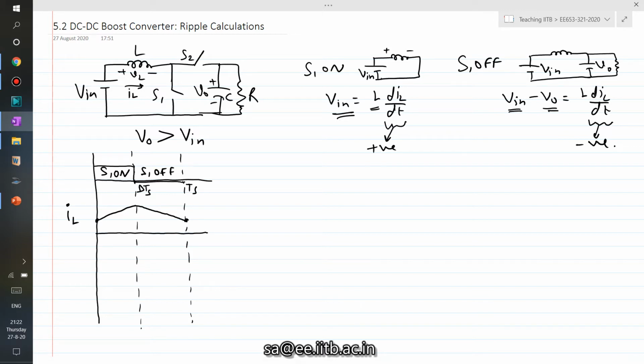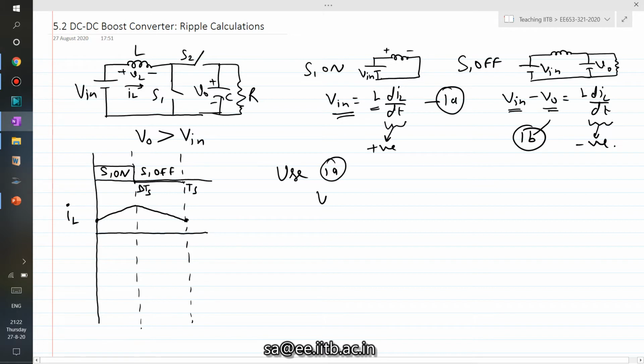Once we have drawn the inductor current waveform, we can go ahead and find the ripple component. Let me number these equations as 1a and the second one as 1b. Let's use equation 1a. We can write V in dt is equal to L dIL, integral going from t equal to 0 to dTs, and going from IL min to IL max.